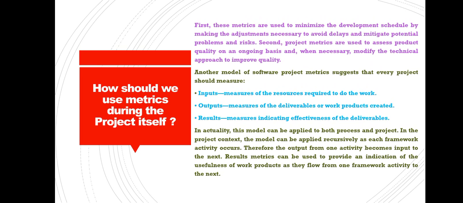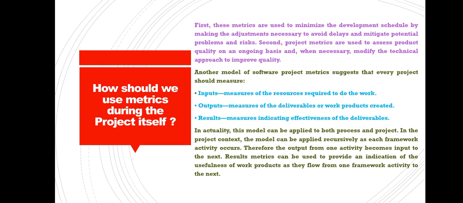The measures of the resources required to do the work are represented as an input measure. These resources can be related to the project that we are initializing, the resources present in order to gather large amounts of data in order to start or initialize our project. That is represented as an input measure.